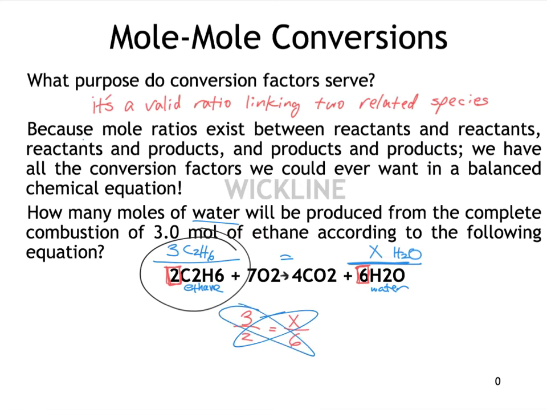And if you do that, you will find that 2x is equal to 18, and that x is equal to 9 moles. So that means that you would need 9 moles of water to satisfy the answer. Or in other words, when you use 3 moles of ethane in a complete combustion reaction, you will produce 9 moles of water. So this is our final answer, 9 moles of water.